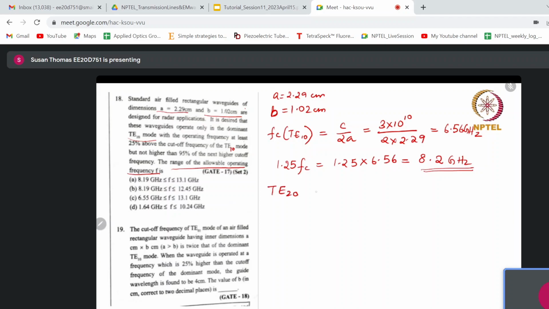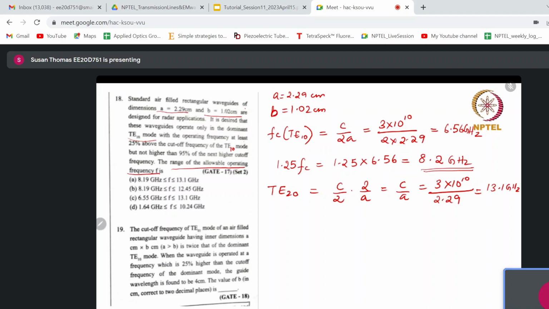Okay. So for TE20 mode, it will be c by 2 into 2 by a, or we can say c by a. So it is 3 into 10 power 10 divided by a value, which is 2.29. So we will get it as 13.1 gigahertz.